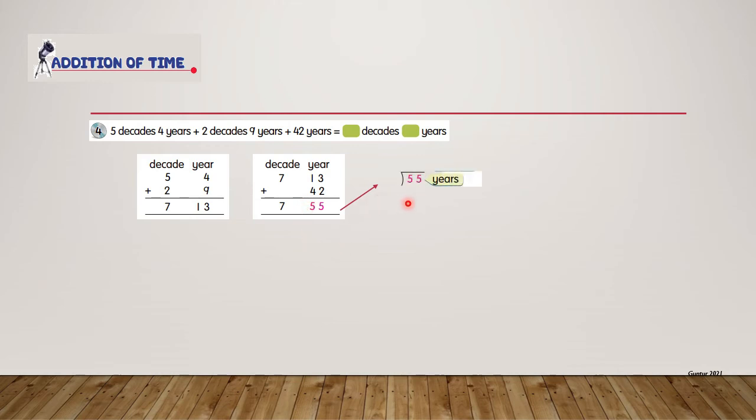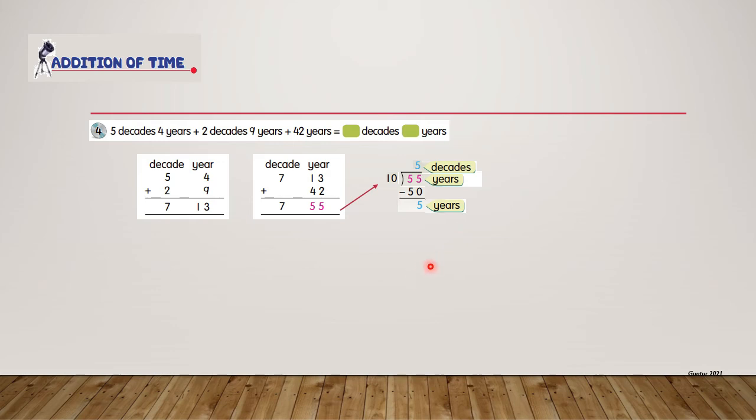We divide. 55 years divide by 10 because 1 decade equals to 10 years. Okay, 55 divided by 10 got 5. 5 times 10, 50, and 55 minus 50 got the remainder 5. Okay, to separate between decades and years, the above answer is for decades, and below the remainder become still in years.